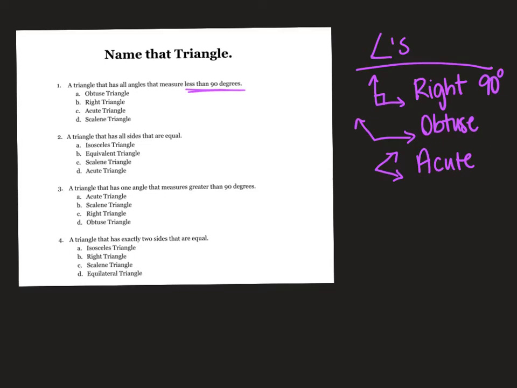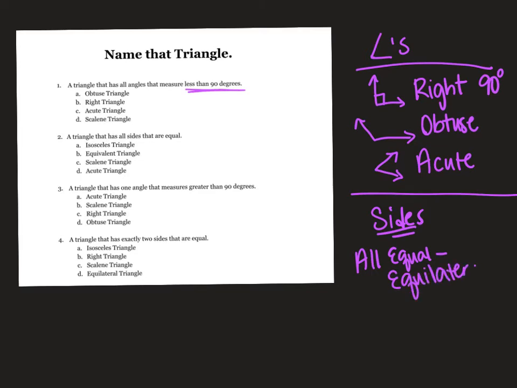All right, the other way you can classify a triangle is by its sides. So we know that if all sides are equal, then it's called equilateral. It's in the name. That's what we've talked about. Don't miss that one because we know it's in the name. If you have two sides equal, then that is, remember, we have two eyes, isosceles.